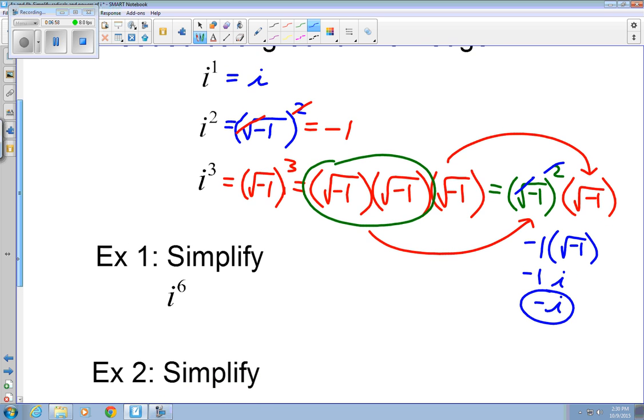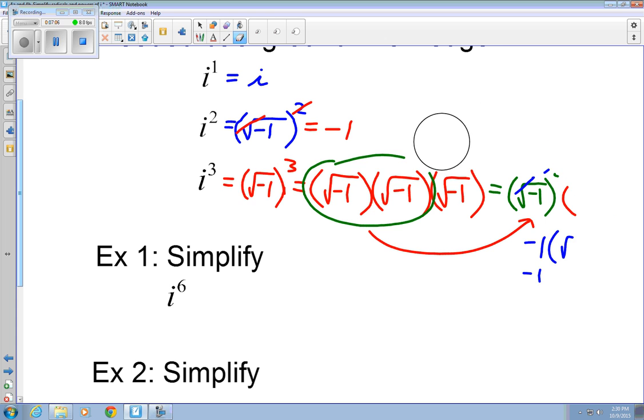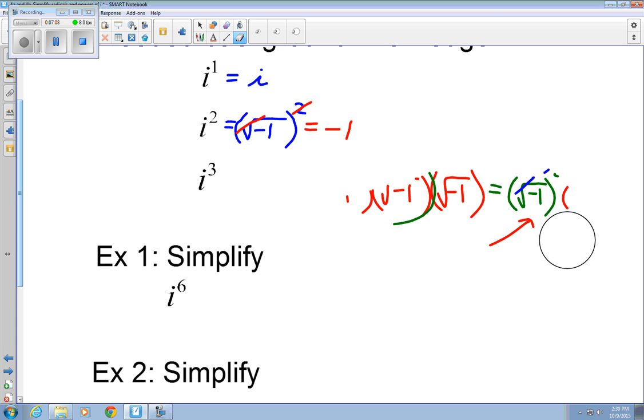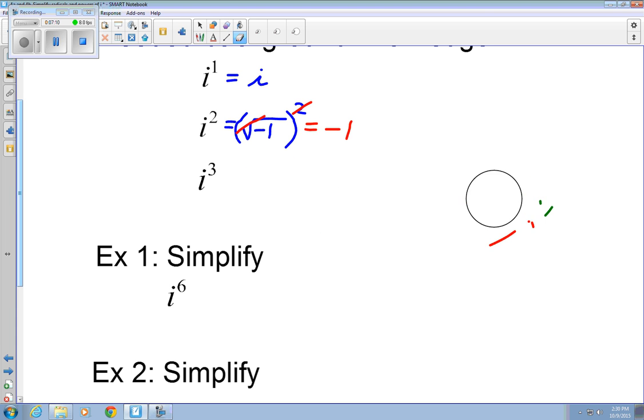So to look at that a little bit further, I'm actually going to erase it. And I'm going to show a little bit simpler way. That was actually explaining it all out. If you look at i to the third, what you're going to be doing for 3b is you're going to think, how many i squareds can I get out of that? So remember that i squared is negative 1.